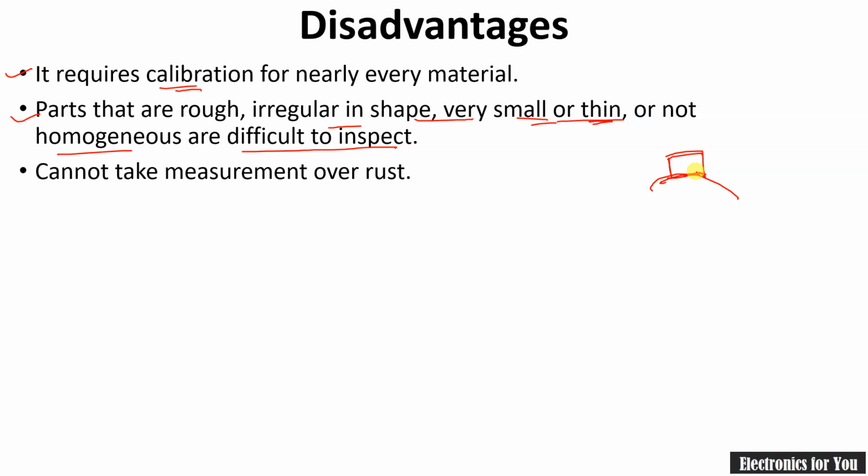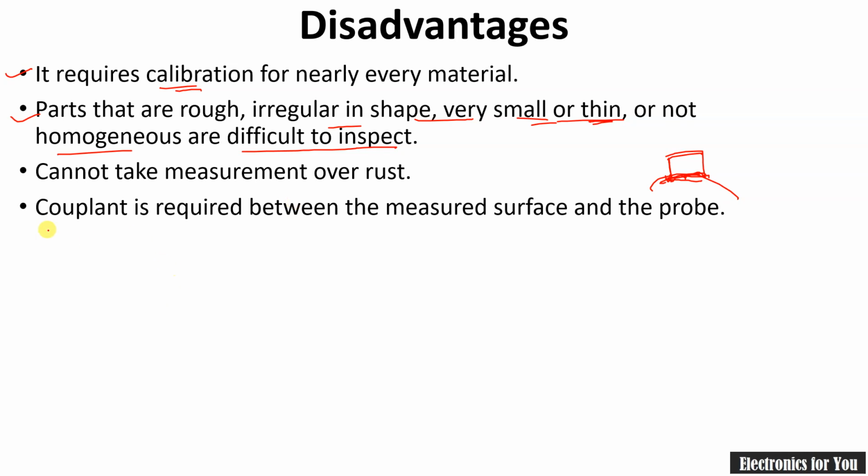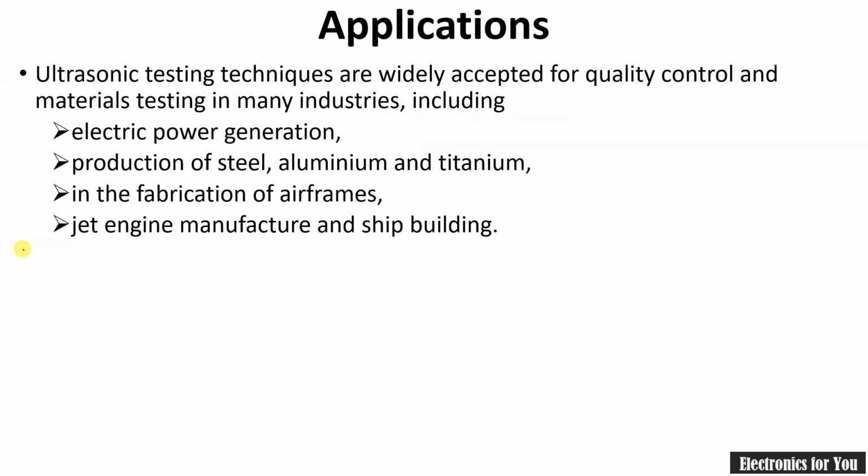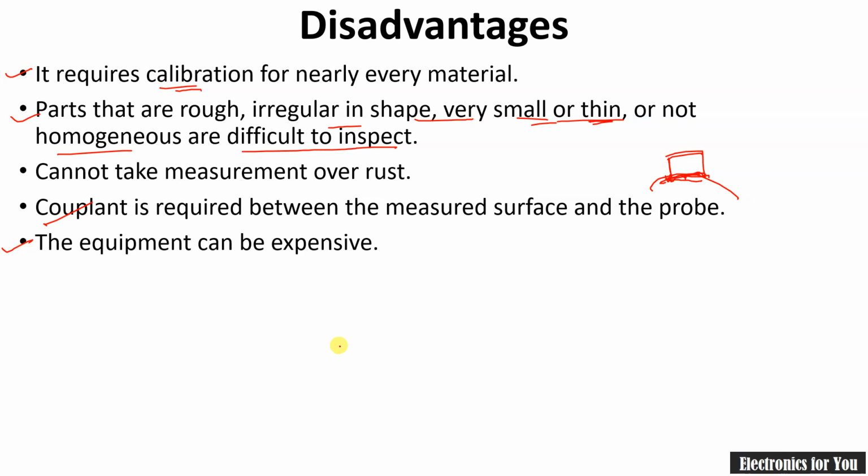Also, you should remove the rust or paint here, and therefore you have to make the surface clean. Couplant is required. This is again another disadvantage. The equipment can be expensive. So these are the disadvantages associated with UTM.